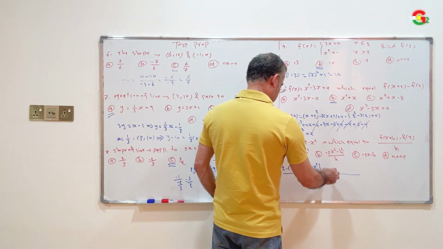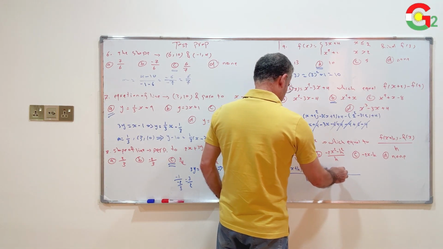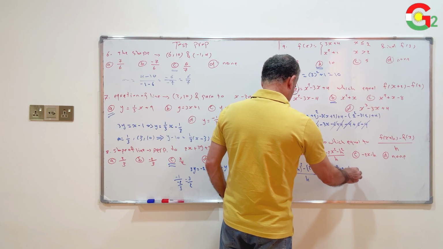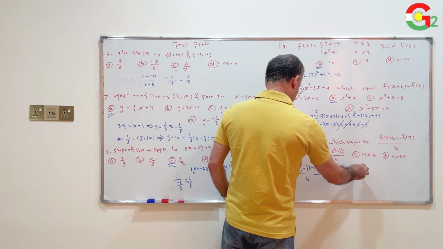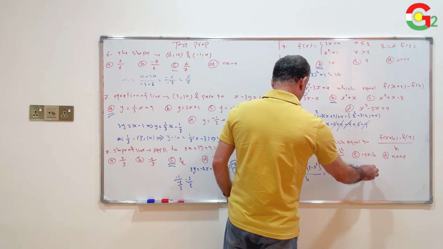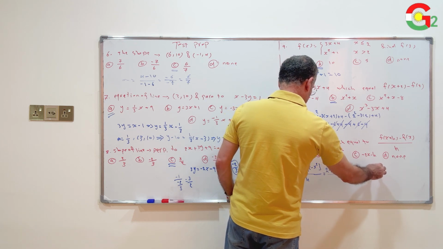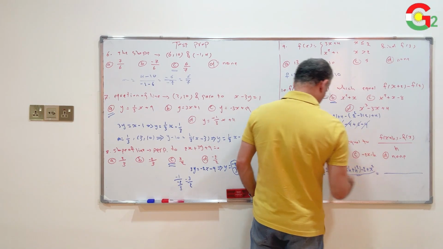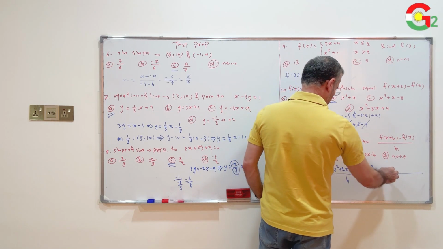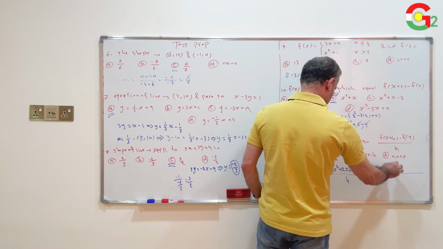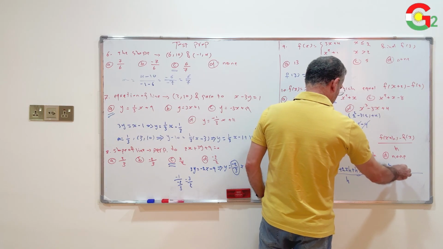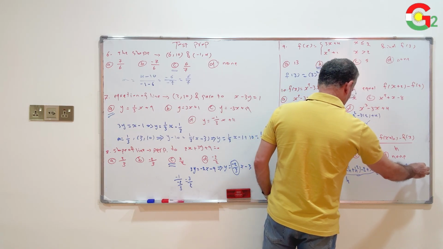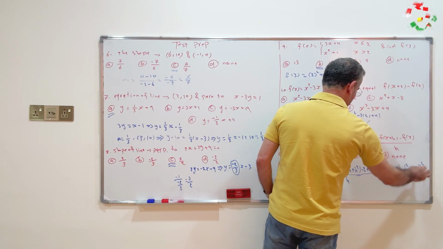Open this bracket: 2 minus (x power 2 plus 2xh plus h squared) minus 2 plus x squared over h, equal to 2 minus x squared minus 2xh minus h squared minus 2 plus x squared over h.